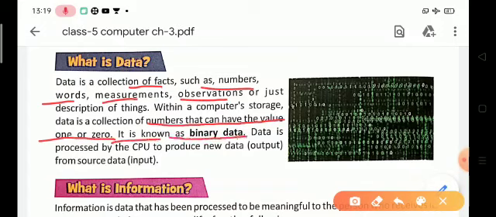The computer knows only 0 and 1, so this language of 0 and 1 is called binary language. So data is the collection of facts, a collection of raw materials.